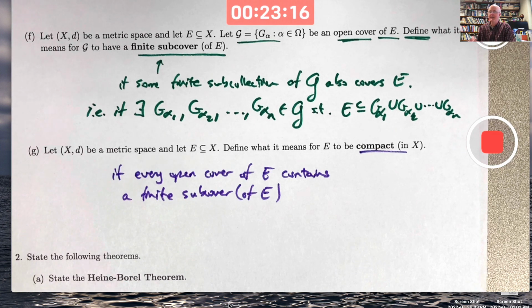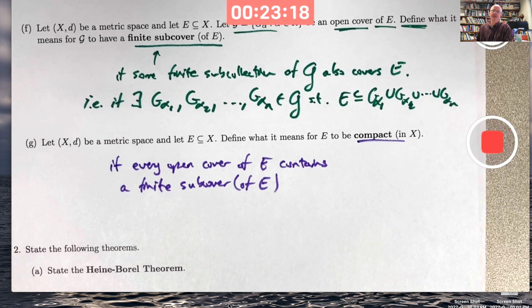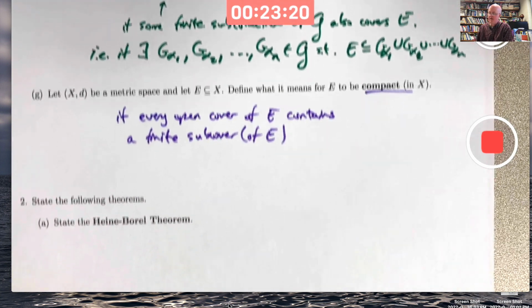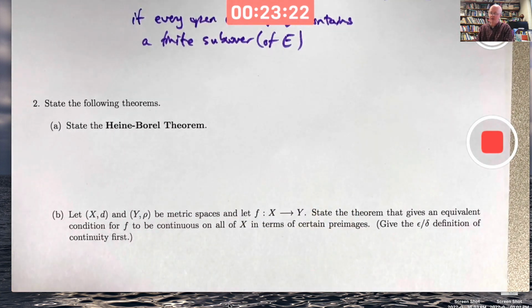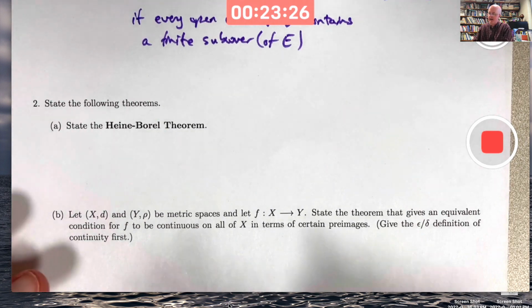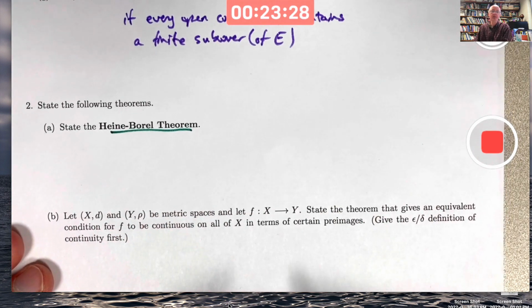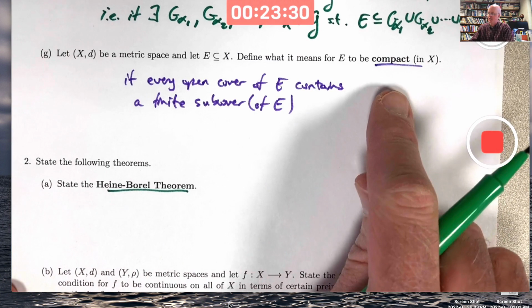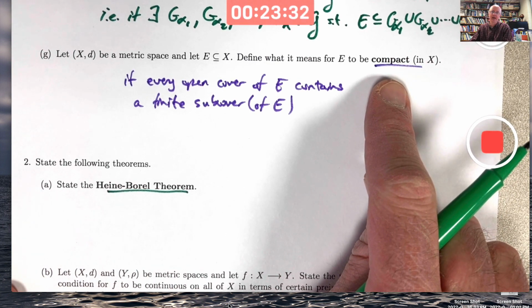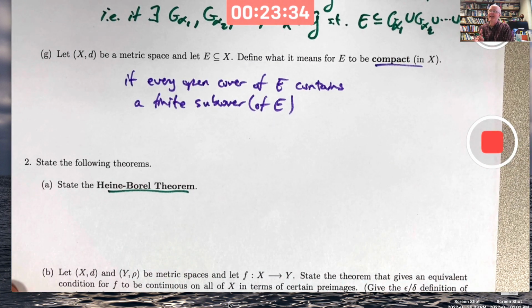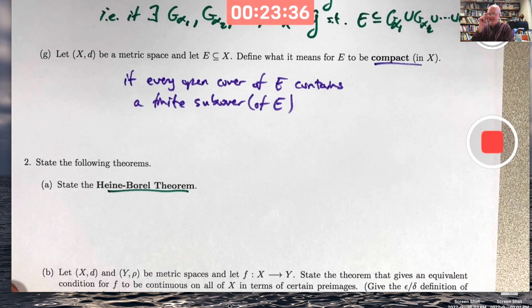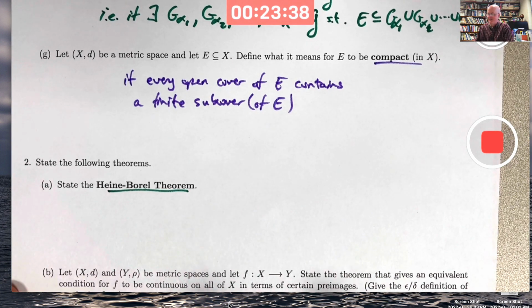We can understand this in the context of Euclidean space through something called the Heine-Borel Theorem, which is the next problem, is to state that theorem. State the Heine-Borel Theorem. It gives an equivalent definition of what a compact set is, though it does use a term that I haven't defined yet, though I will allude to its definition.